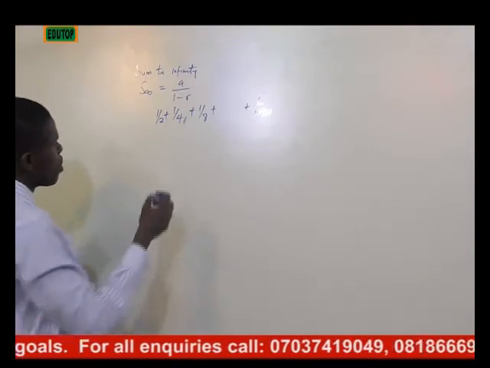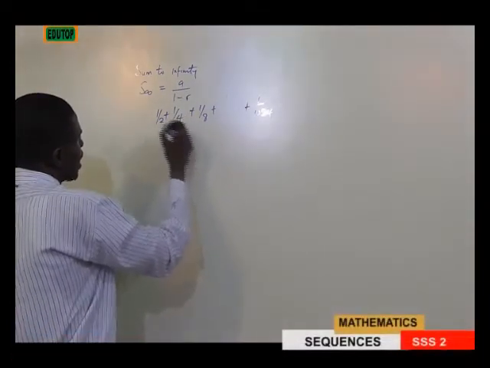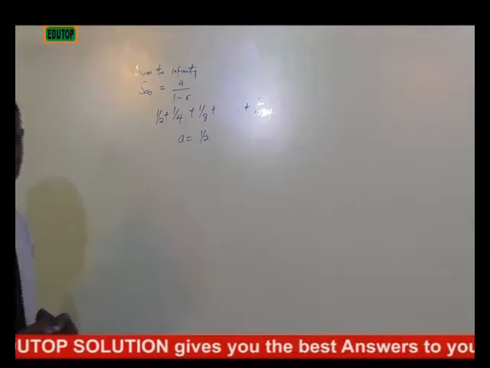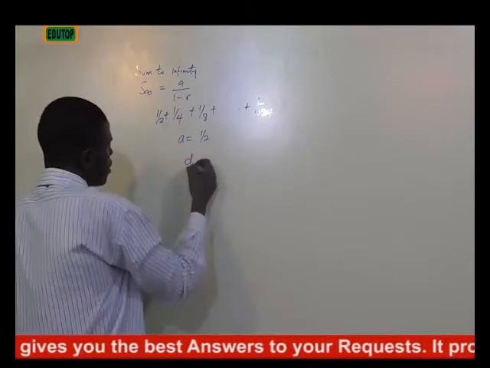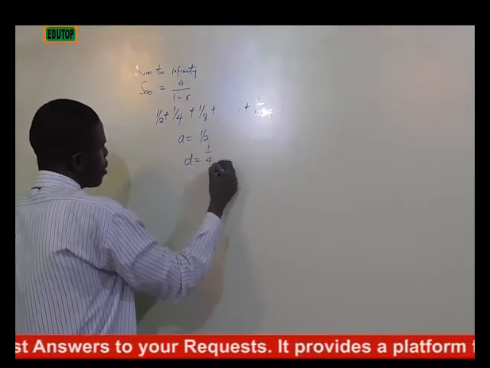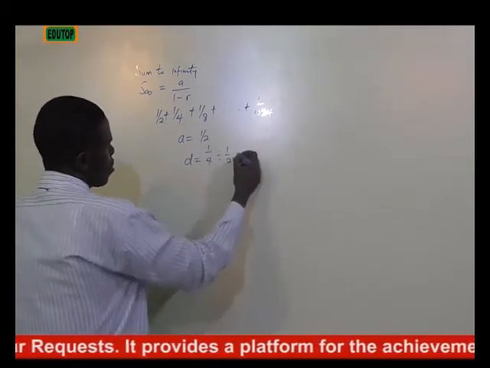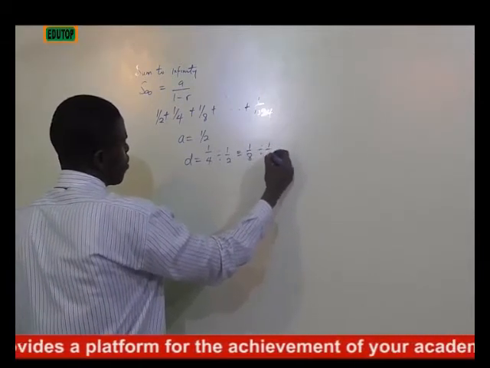When we are looking for the sum to infinity of this series, we can see that our A is 1 over 2. Then our common ratio will definitely be 1 over 4 divided by 1 over 2, which is equivalent to 1 over 8 divided by 1 over 4.